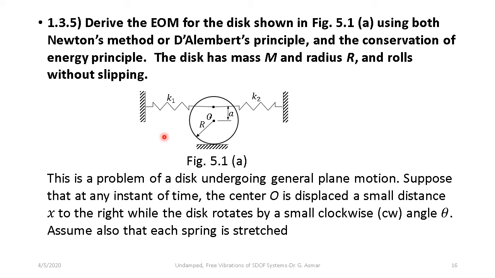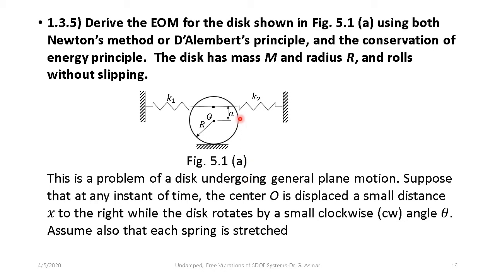So we have, in addition to the disk, two springs, spring 1 and spring 2, which are attached to a point that is at a distance a from the center of the disk. The springs have stiffnesses K1 and K2 respectively.